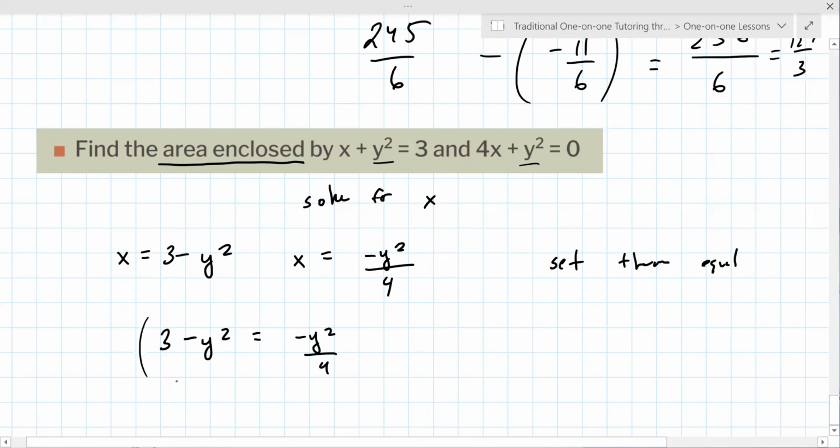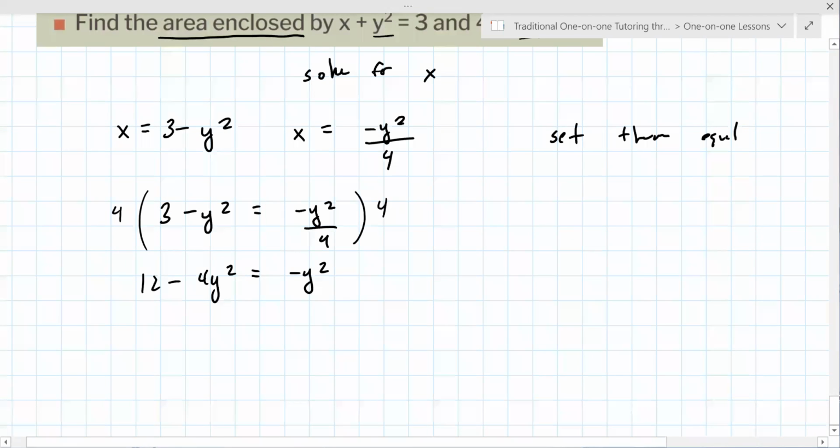I would clear the fraction, multiply everything by 4. 12 minus 4y squared equals minus y squared. And then let's move the y squared over.